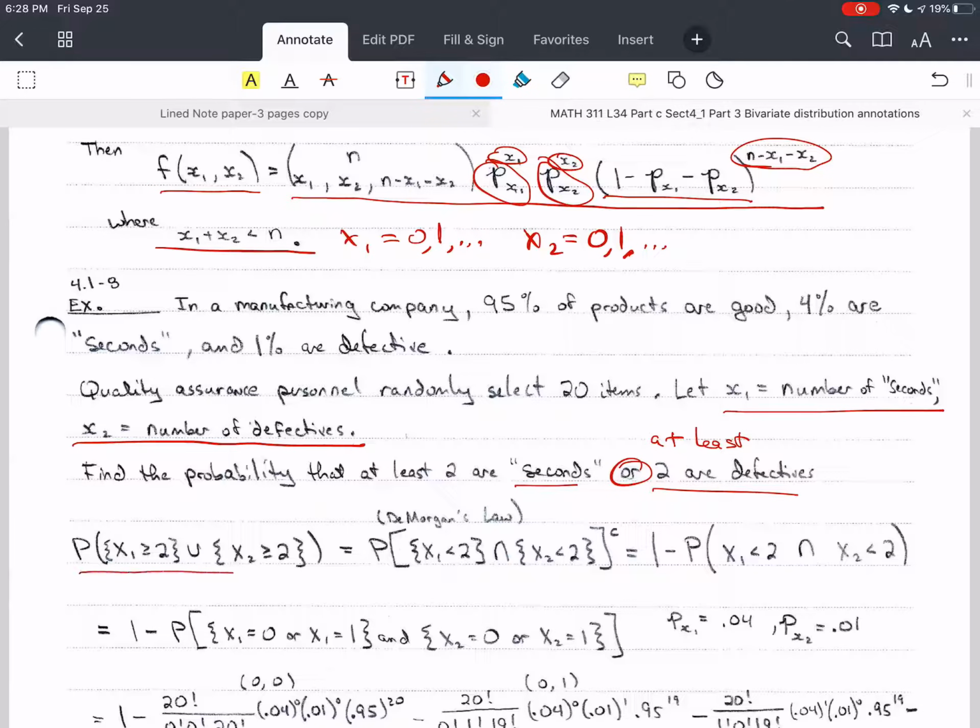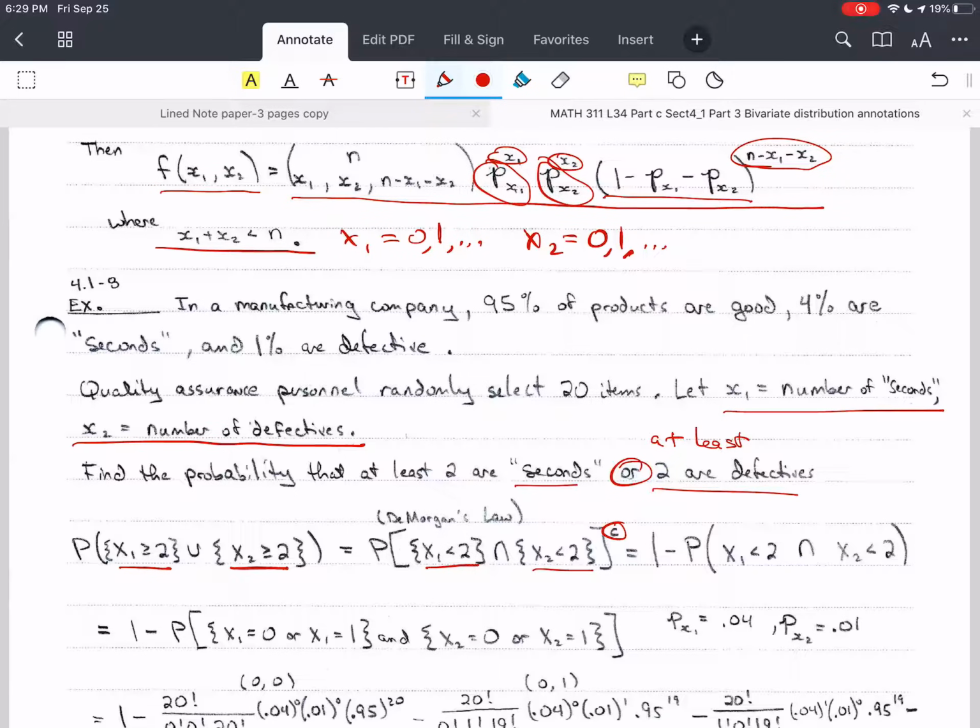So we write it out using notation. I've got x1 greater than or equal to 2 or x2 greater than or equal to 2. I can use De Morgan's law to take the complement of this, and so the complement of x1 greater than or equal to 2 is x1 less than 2, and the complement of x2 greater than or equal to 2 is x2 less than 2, and then I take the complement of the whole thing.